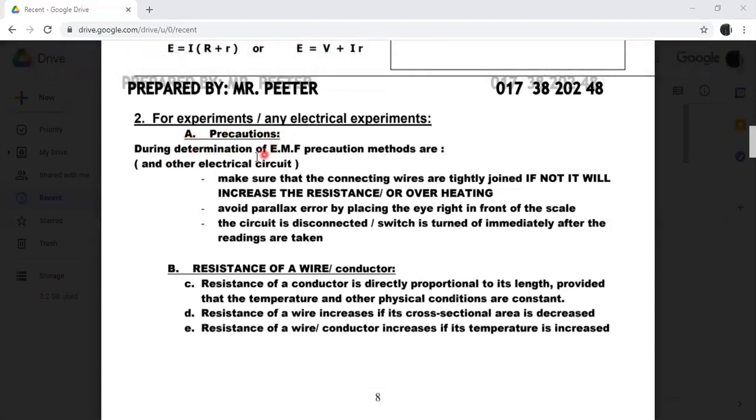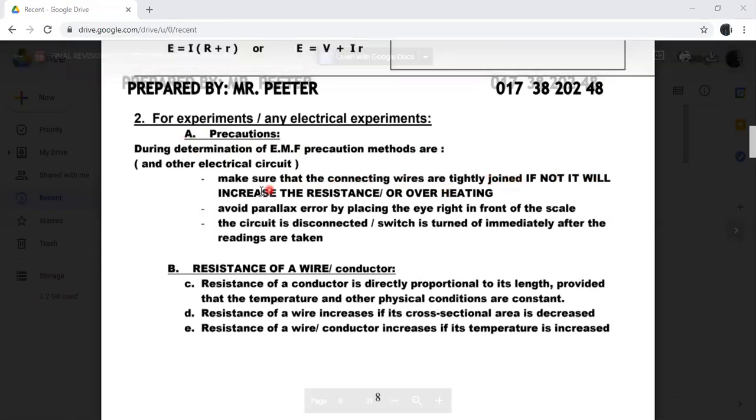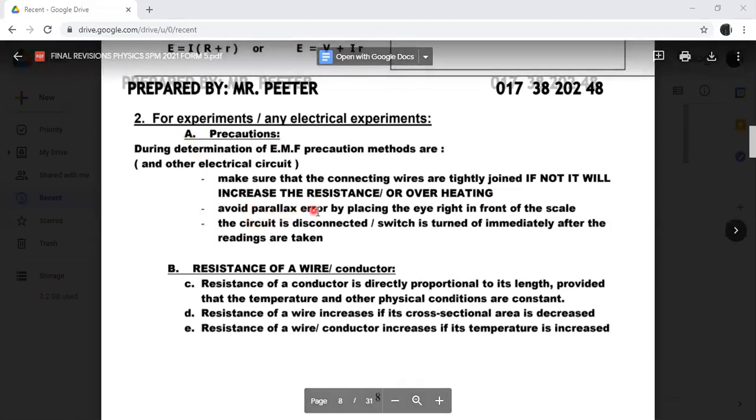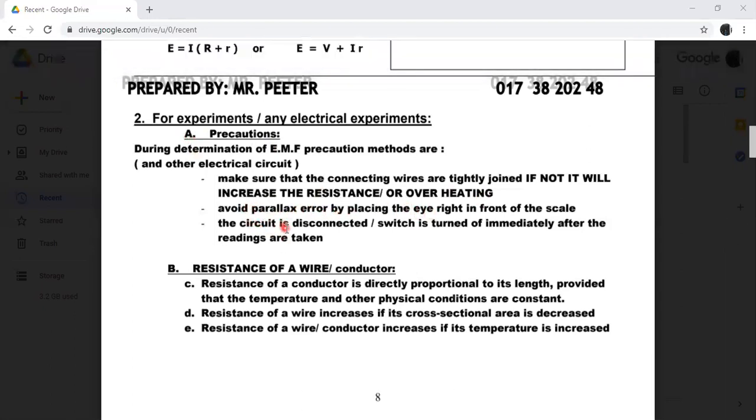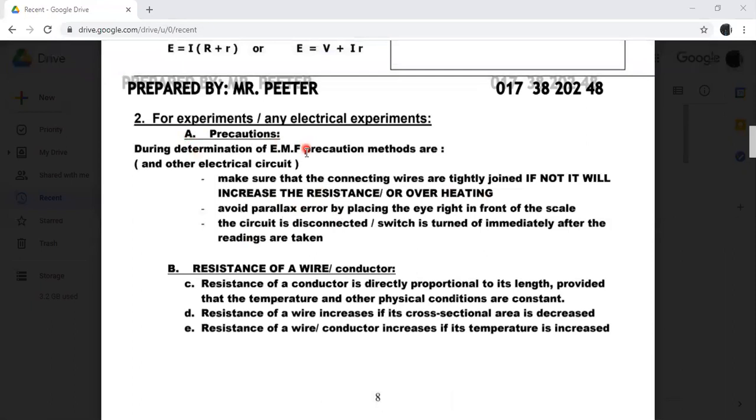If they ask you during determination of EMF, make sure the connections are tightly joined. If not, they will increase the resistance, overheating. Always avoid parallax error and make sure the circuit is disconnected immediately after you take any form of reading. So this is actually a standard precaution for any electrical circuit experiment. It's not only for this.